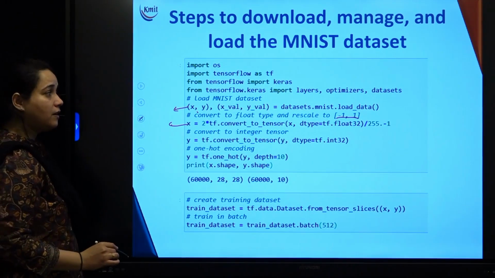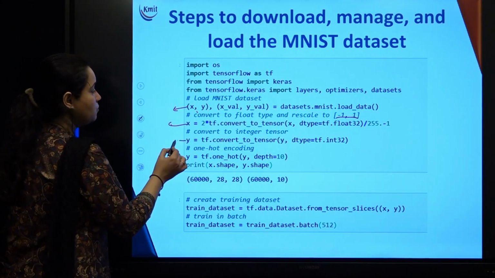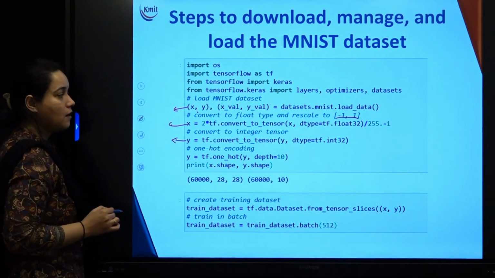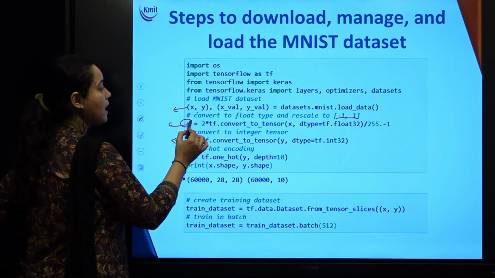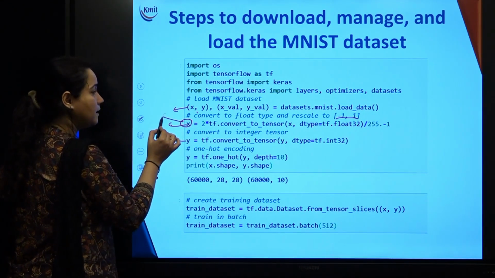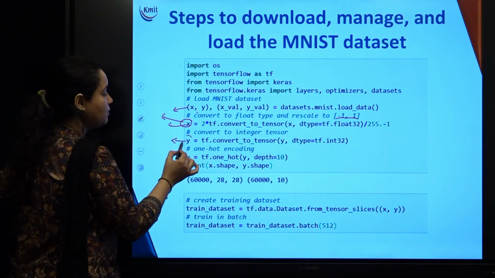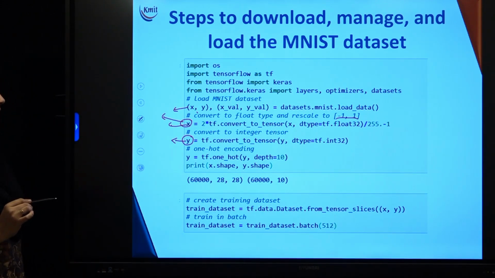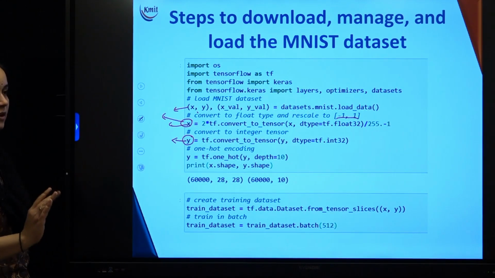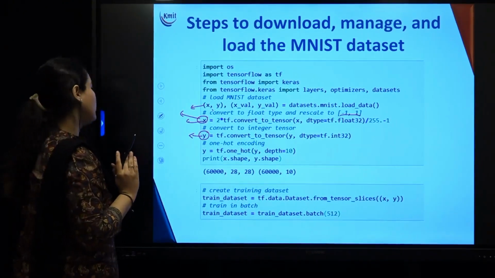Then, all of these being integer or float values, I am supposed to convert them into tensors. So all my X values I rescaled and converted into tensors, and my Y values I am also converting into tensors. So once I get that X and Y, I have my input values along with the labeled data for my training data.